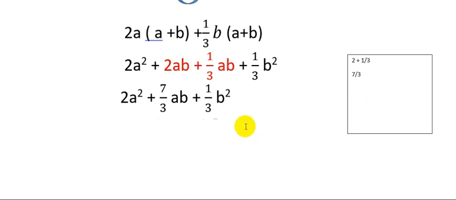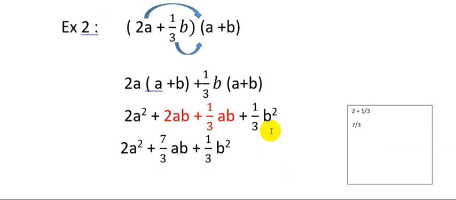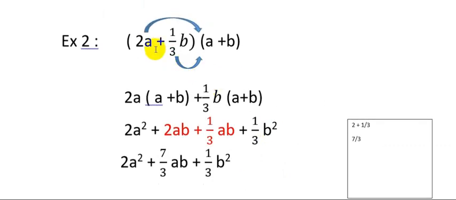So this would be the answer for expanding this binomial expression. Similarly, you will get expressions including positive values as well as negative values. The same question you can rewrite and give a try as 2a plus 1/3 b multiplied by a minus b.